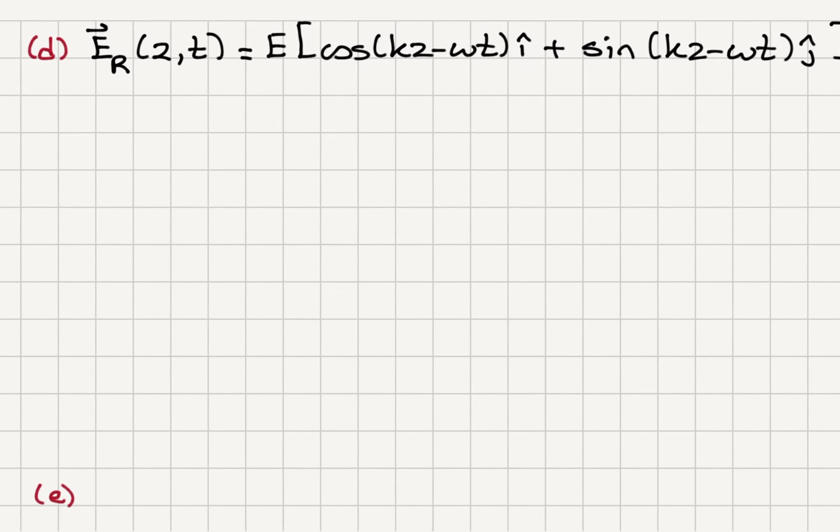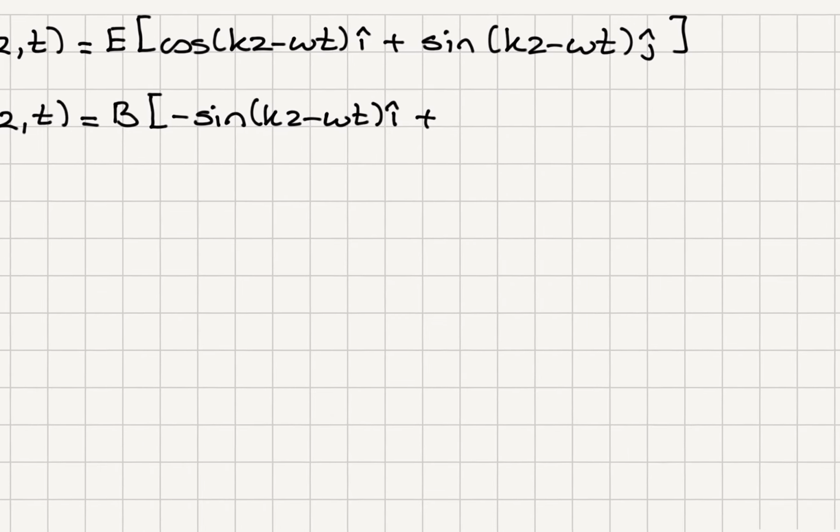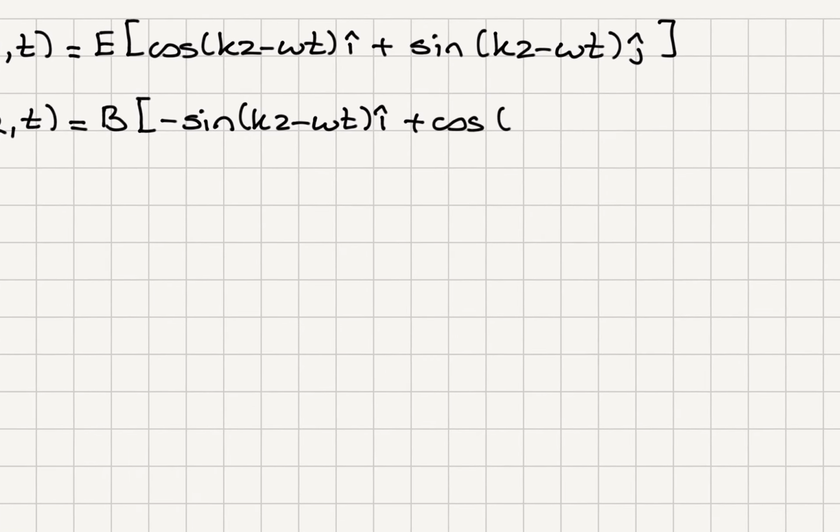And for the right circularly polarized wave, the magnetic field as a function of z and t is given as B minus sine kz minus omega t i hat plus cosine kz minus omega t j hat.